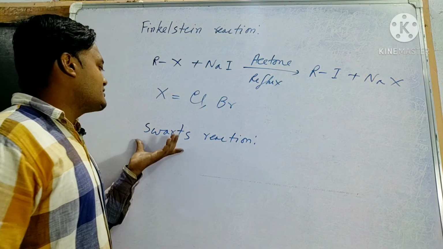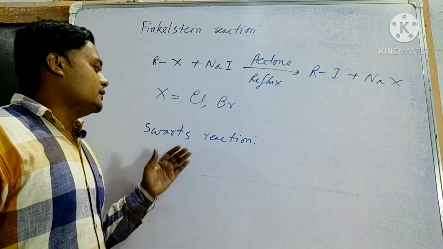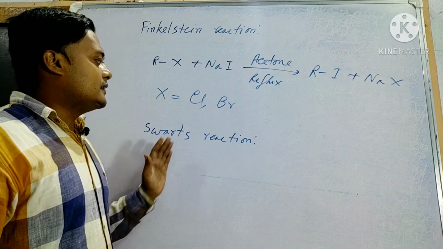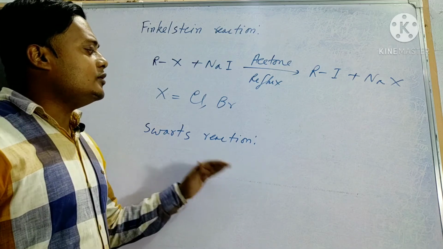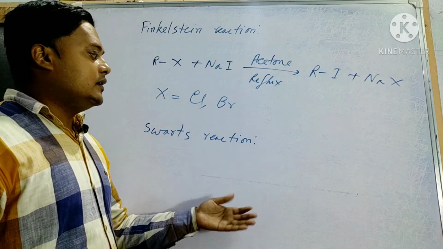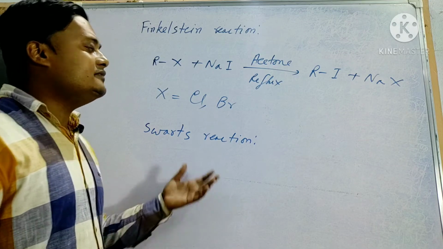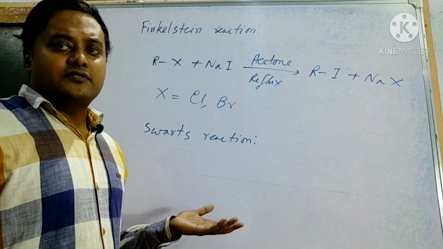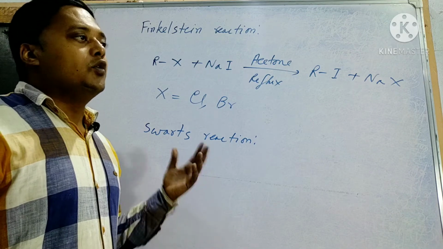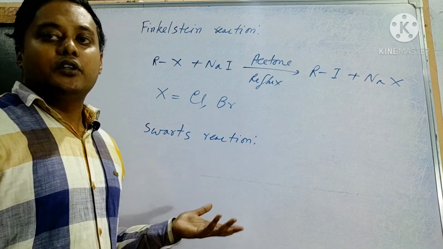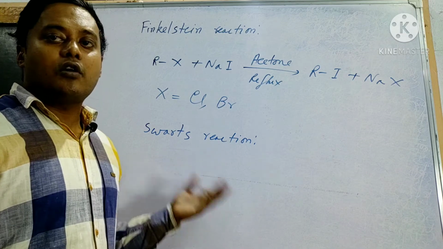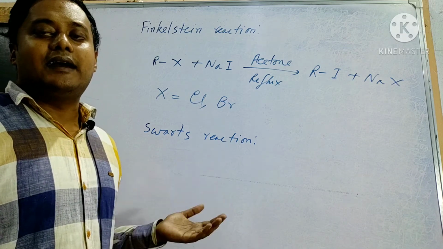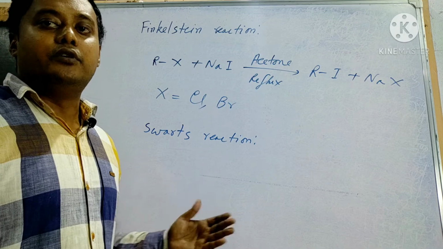Next one, Swarts reaction. Now in this case, alkyl halide is converted to alkyl fluoride in presence of certain fluoride salts like silver fluoride, mercurous fluoride, Hg2F2, cobalt fluoride, antimony fluoride. By using these salts, we convert alkyl halide to alkyl fluoride.